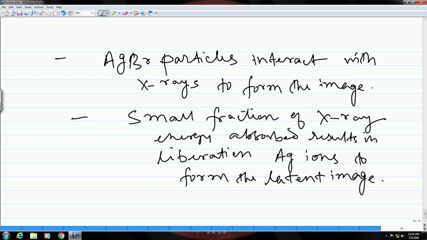Okay, so, this is how the image is formed by liberation of the silver ions when they interact with X-rays.